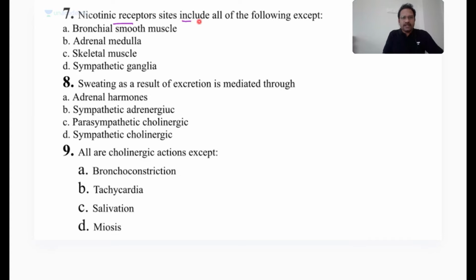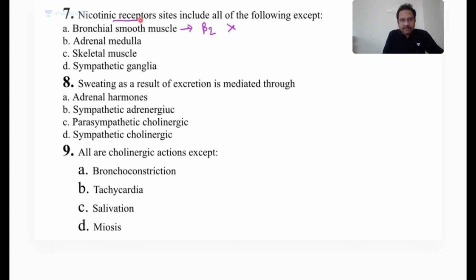Nicotinic receptor sites include all of the following except. Let us see the options. Bronchial smooth muscle. On the bronchial smooth muscle, we find beta-2 receptors, but not nicotinic receptors.